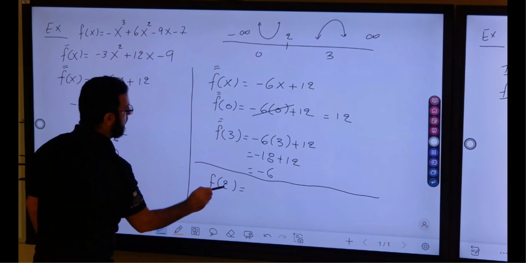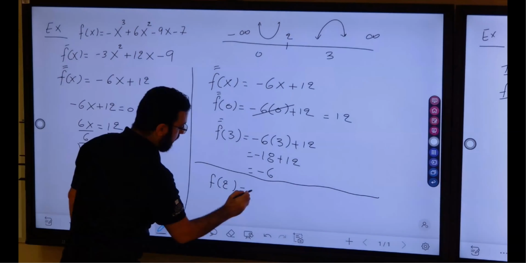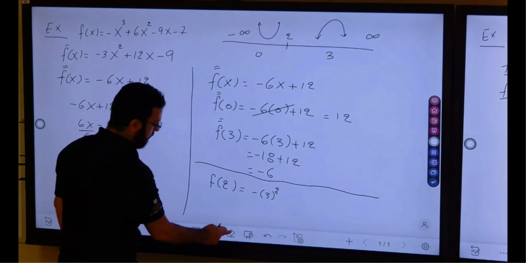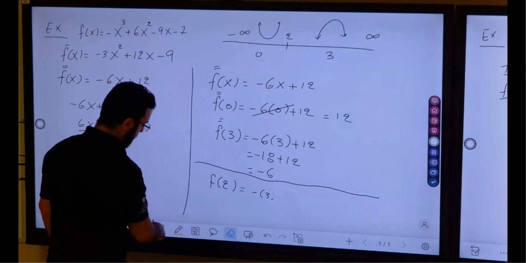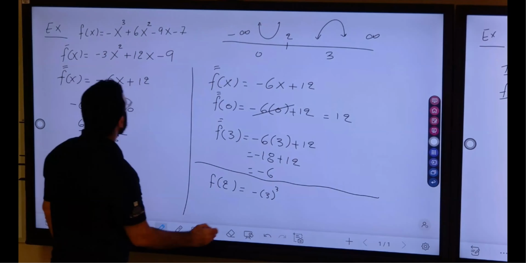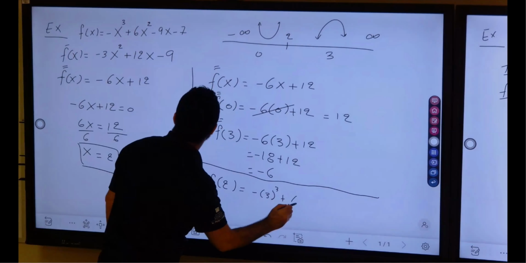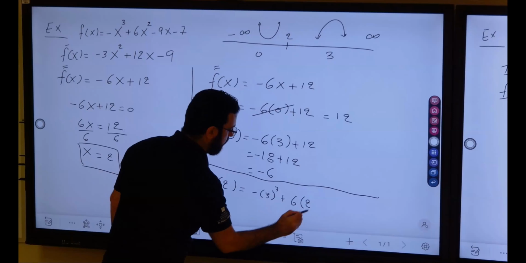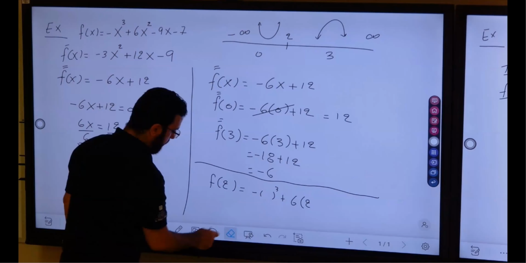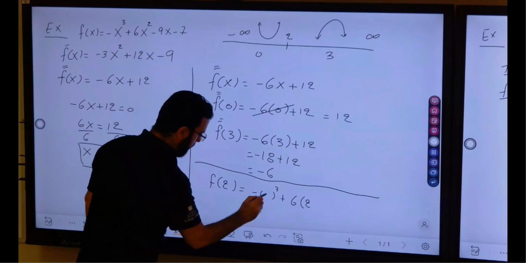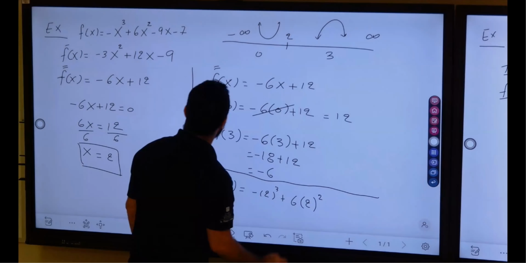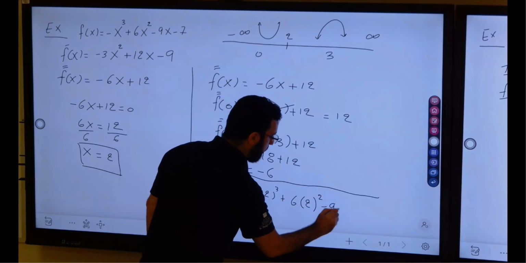I'm going to plug in 2 here. That means it's going to be -2 cubed plus 6 times 2... Why did I put the 3? It's 2. 6 times 2 squared minus 9 times 2.